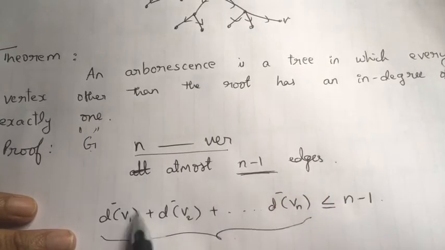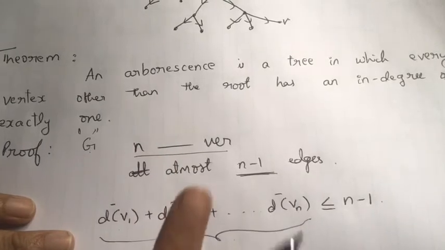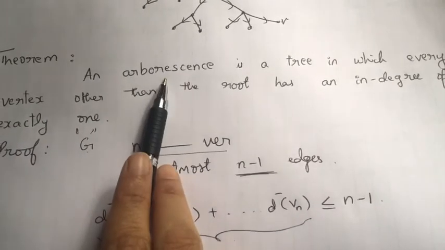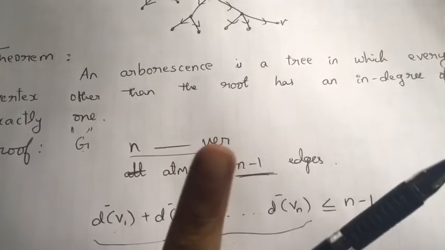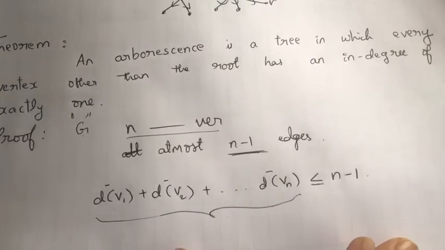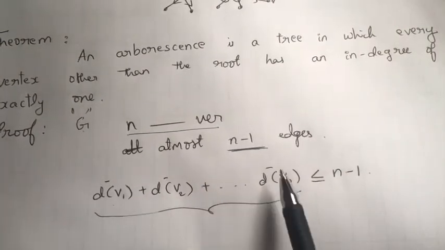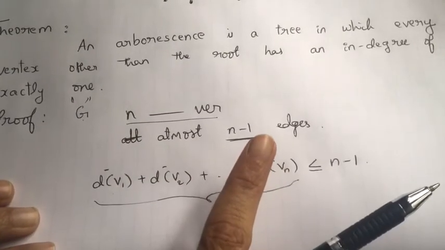Only one, and either this or this, any one is 0, because it is mentioned that by the definition of arborescence, we know that it has got only one vertex of in degree 0. So among all this, any one is 0. Out of this, one vertex has got in degree 0.